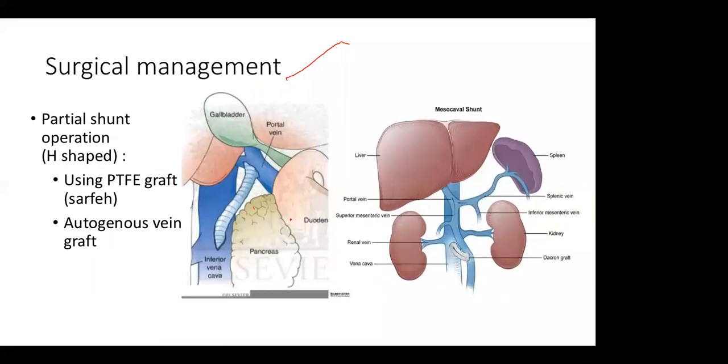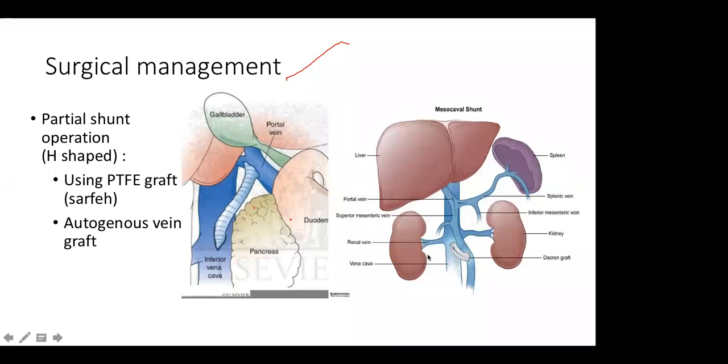And the partial one, in this partial shunt, we use a graft or autogenous vein with a diameter of not more than 8 to 10 millimeters, and this will reduce the flow from the portal, for example, to the caval, or from the mesentery to the caval.